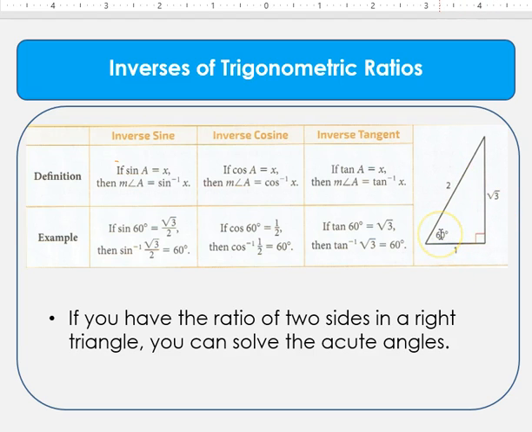If the sine of 60 equals square root of 3 over 2, that's opposite over hypotenuse, then if you're solving with inverse sine, inverse sine of square root of 3 over 2 will equal 60 degrees. So in these problems, you'll have the ratio available, but you won't have the degrees of the angle available. In our previous problems, we had the angle available and we solved for the ratio.